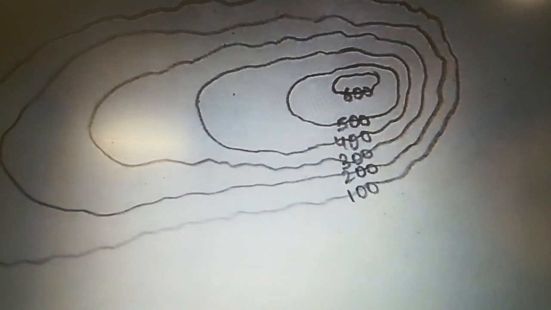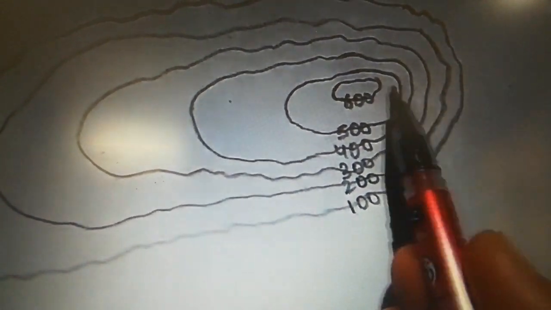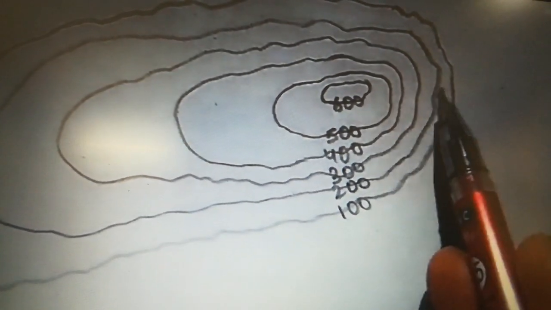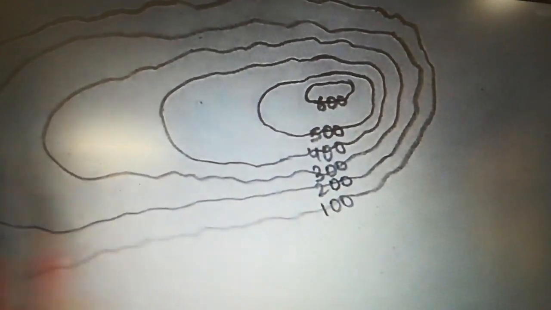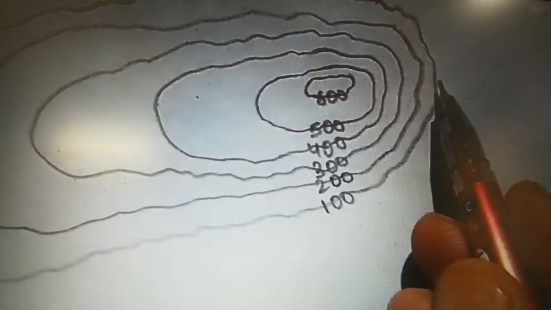We can find the slope of a landform. There are two types of slopes: gentle slope and steep slope. In this figure, you can see the right hand side contour lines are situated nearby, and on the left side they are placed far away from each other.